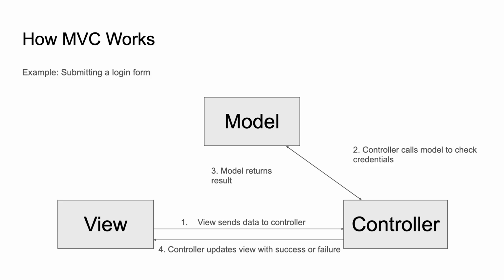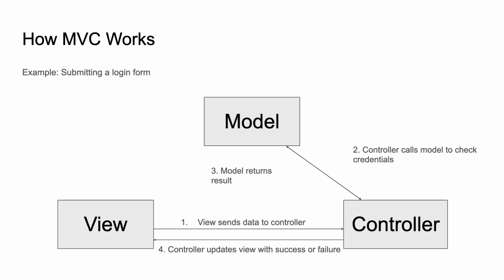Imagine a user submitting a login form. The view collects the user's credentials and sends them to the controller, likely after pressing a login button. Now this could be an email and password that the user inputs into their respective fields. The controller checks the credentials with an HTTP request by asking the model, or a server, to validate them against stored data.